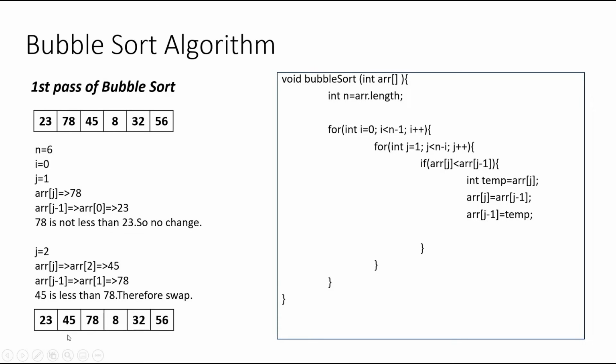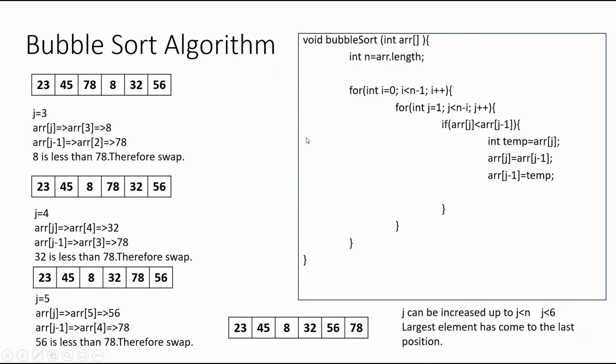Now it exits from here and j will be increased by 1 again. Now the j value is 3. This condition is also correct, j is less than 6. Now there is another if condition. arr[3] is 8. arr[j minus 1], that means 3 minus 1, it is 2, it is 78.